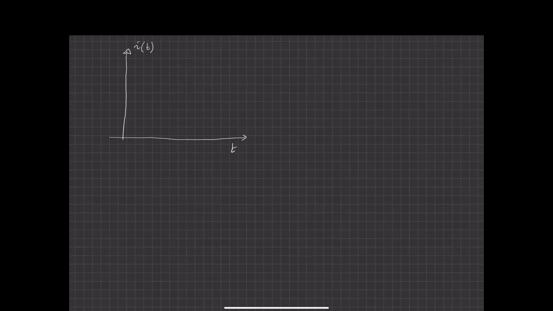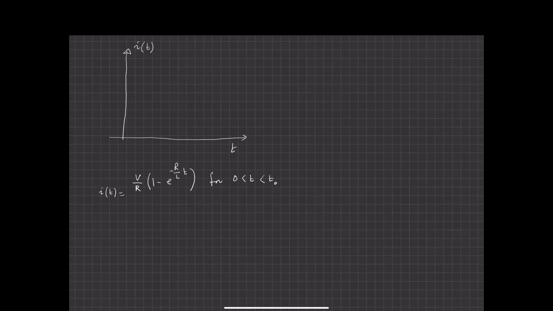Okay. So I of t is simply v over r times 1 minus e to the minus r over L t, for t lying between 0 and t naught.